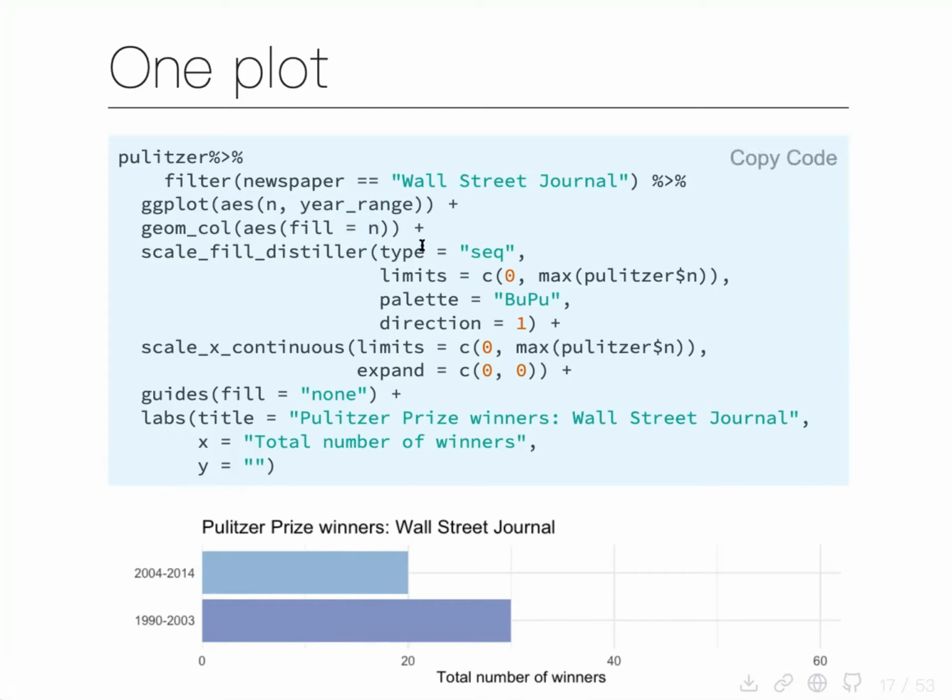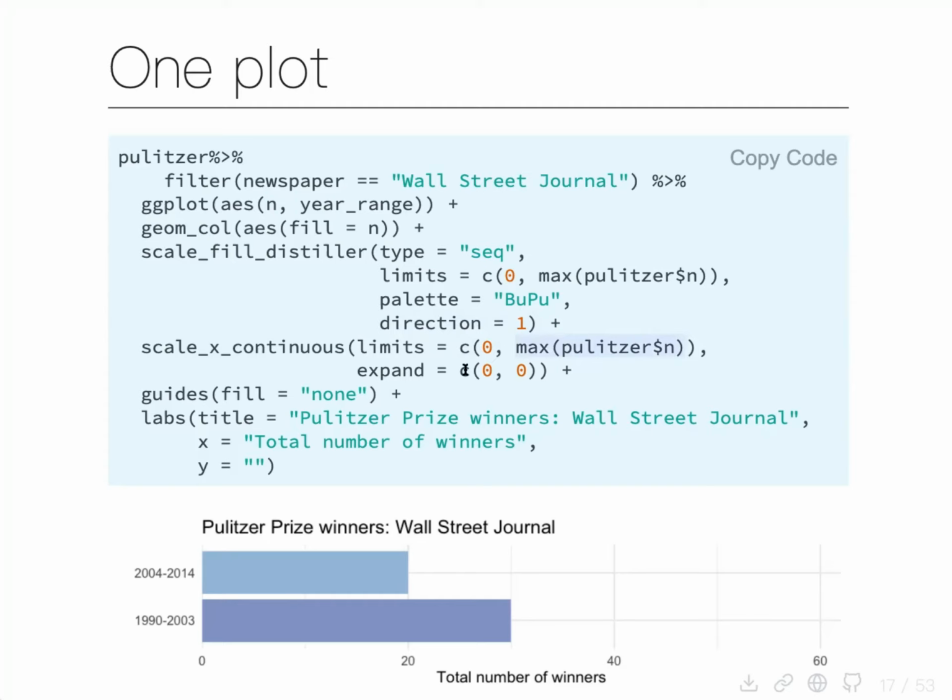I'm saying scale fill distiller, where the type is sequential. The limits go from 0 to whatever the max of Pulitzers is. Palette is this blue-purple palette, and the direction is 1. This is kind of complicated to make a color scale, but whatever. And then scale x continuous, the limits are going to go from 0 to the max of Pulitzers, and this is pretty important, as we'll see in a minute.